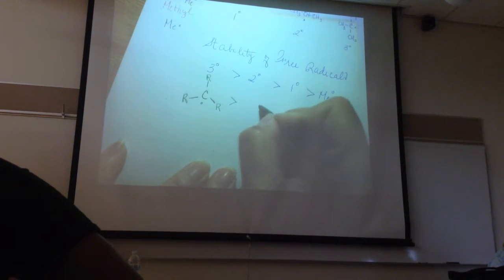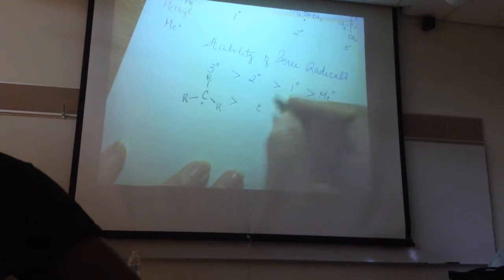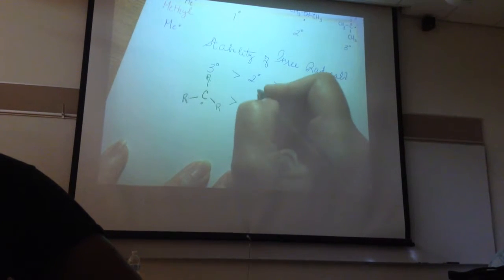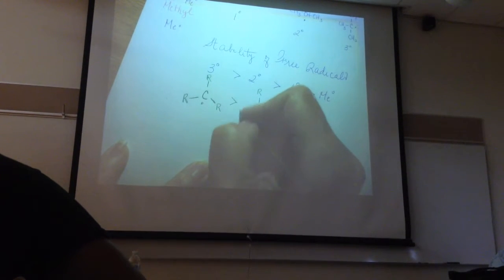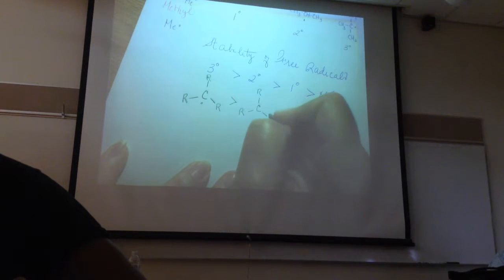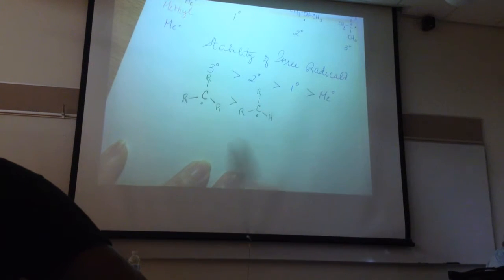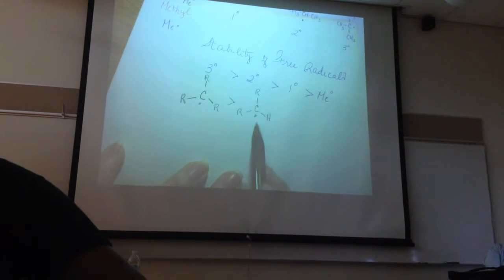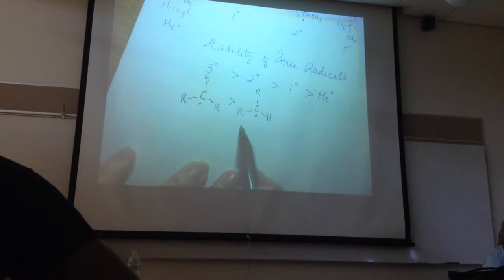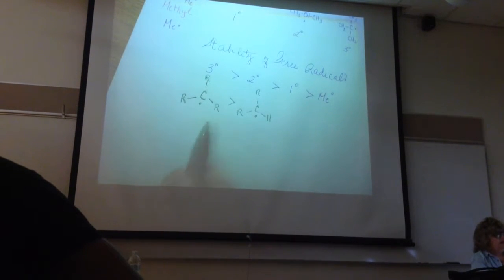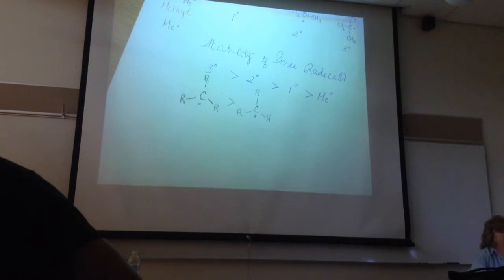All right, the only difference of a secondary is right here. You're going to keep one R, you're going to keep another R, and now you're going to have a hydrogen. And that will be your secondary. Is everybody able to see that? So just because the beginning was methyls, it doesn't mean that these guys all have to be methyls. It could be someplace else.